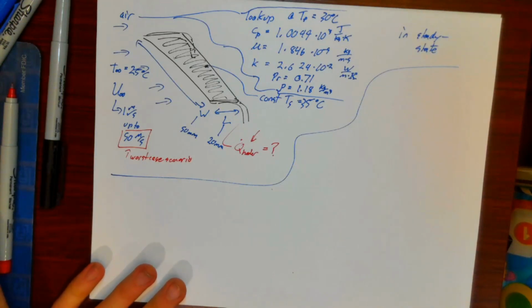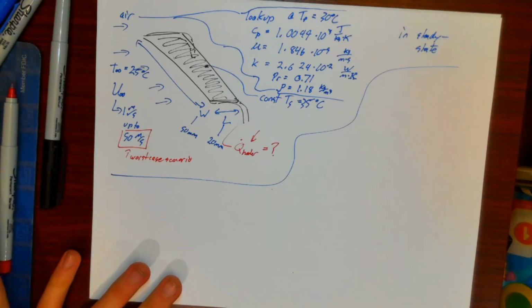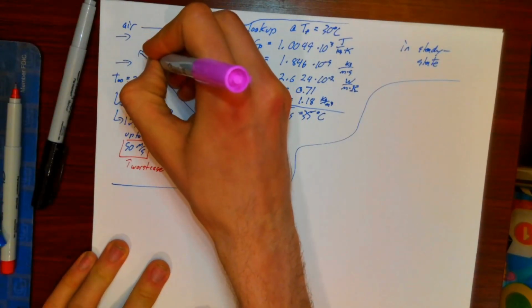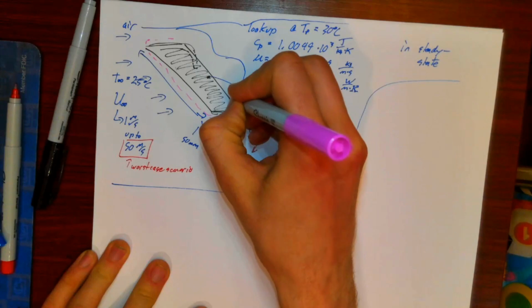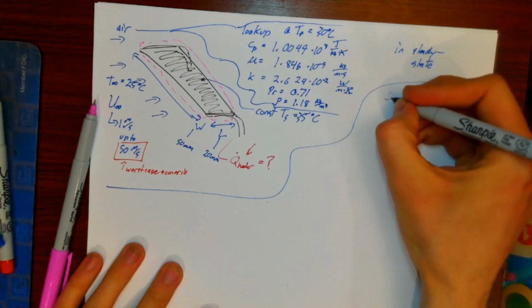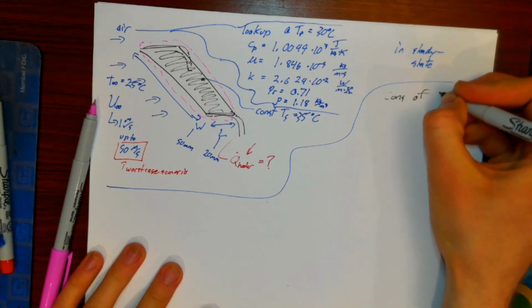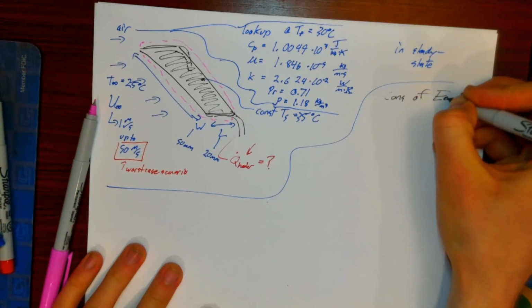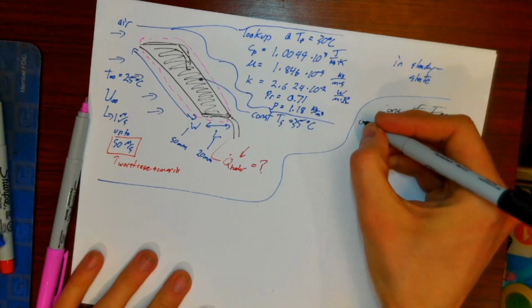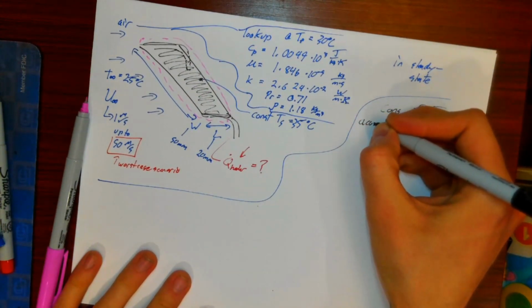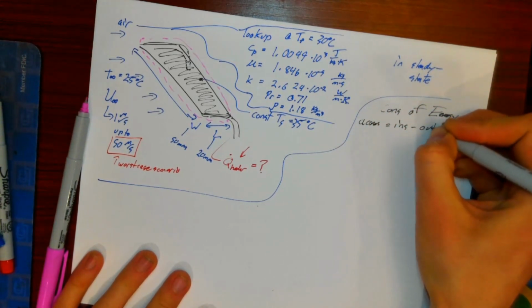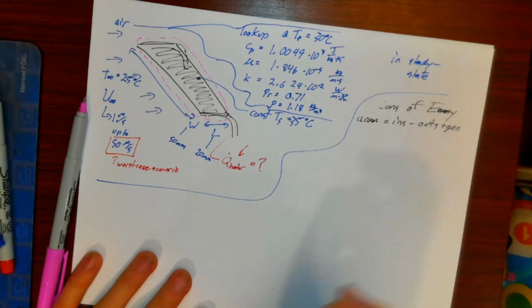So we can do conservation of energy, and define our control volume around here and apply conservation of energy to this control volume, and we can use the shorthand form: accumulation equals ins minus outs plus generation.